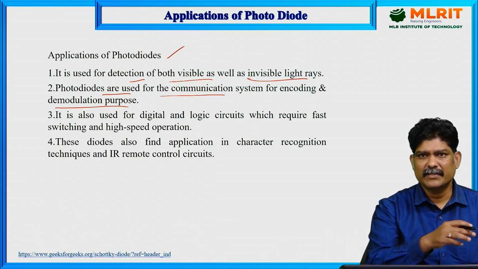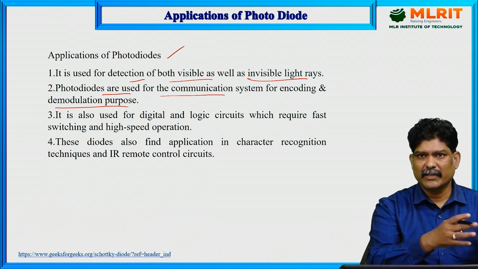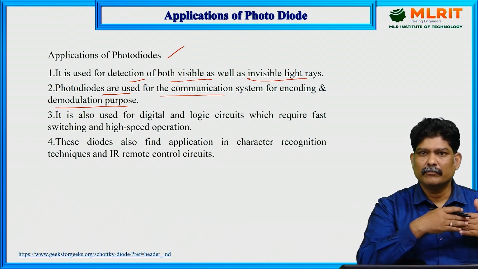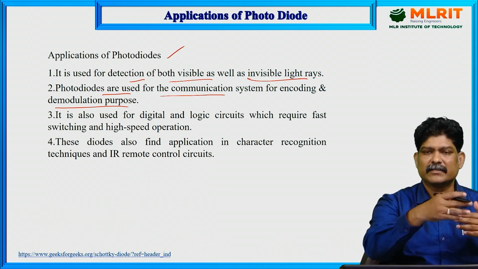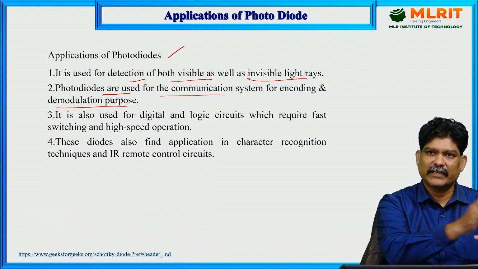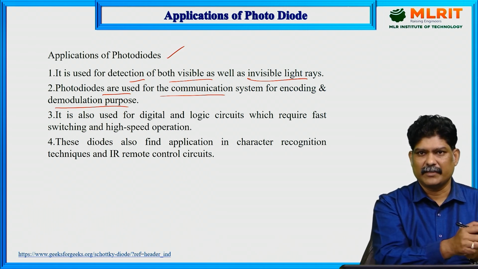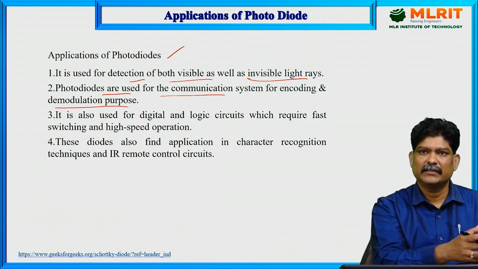In order to make your message signal travel far distances, we require some carrier. Adding this message to the carrier is modulation, and this process is done at the transmitter end.